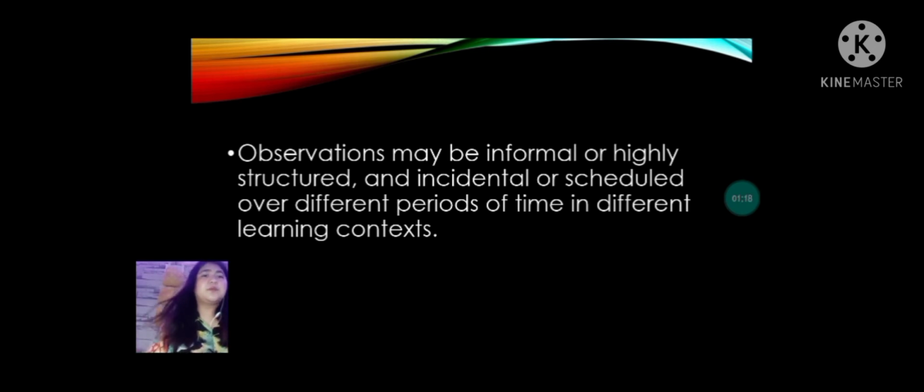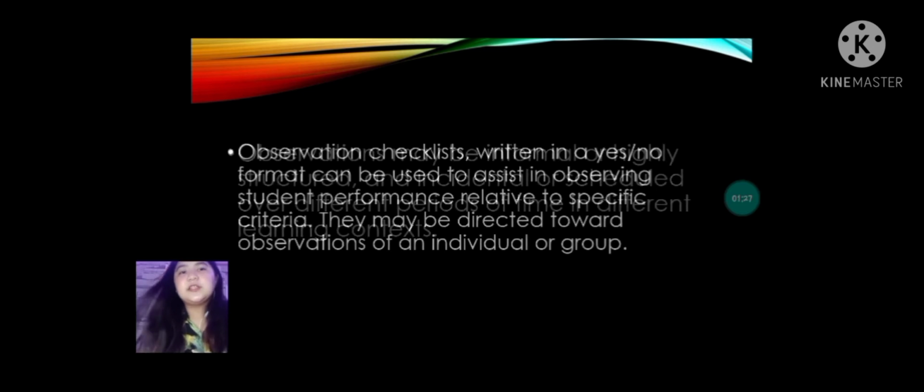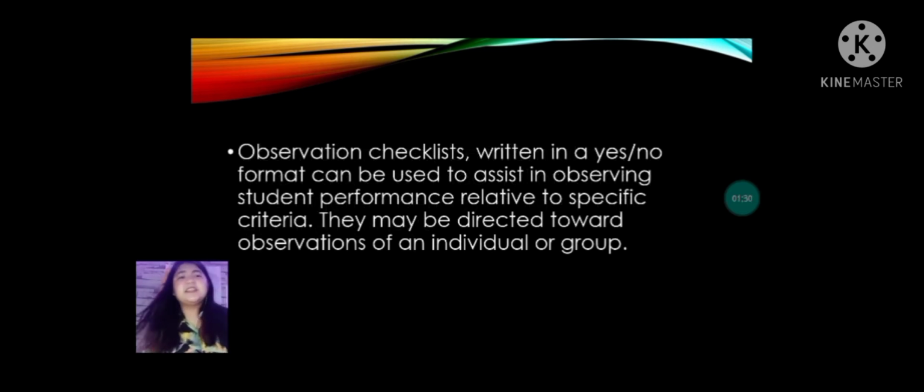So, observation may be informal or highly structured and incidental or scheduled over different periods of time on learning context. So, observation checklist written in a yes or no format can be used to assist in observing student performance relative to specific criteria. They may be directed toward observation of an individual or group. So, observation checklist will help the observer to find out what is the problem and to solve it or how to develop their classroom setting.